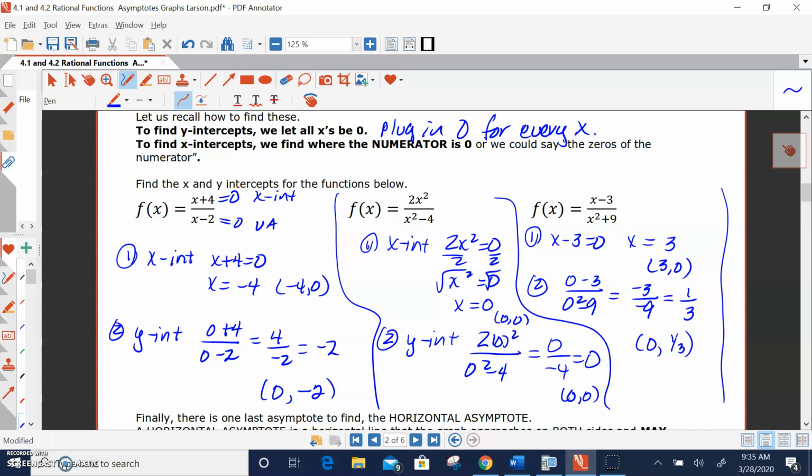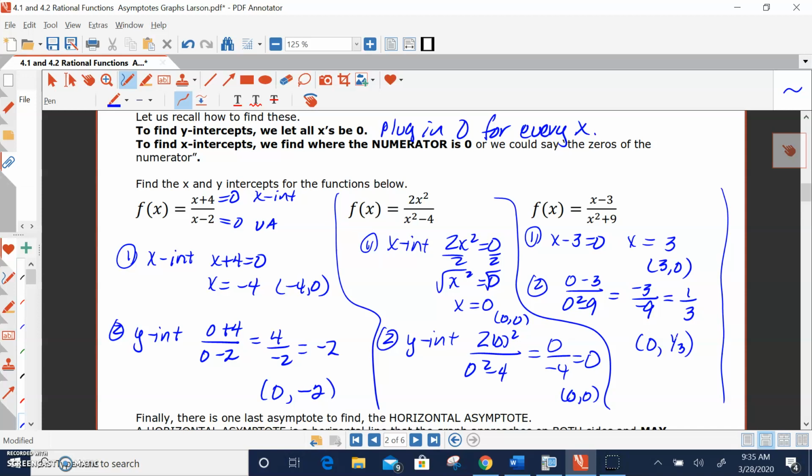So for your rational functions, you need to go through this list. We're going to find the vertical asymptotes, which come from the zeros of the denominator. The x-intercepts come from the zeros of the numerator. And the y-intercepts come from plugging a 0 everywhere you have an x. That's our first list.